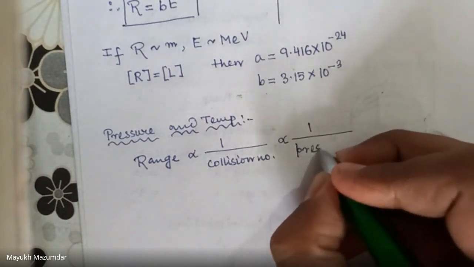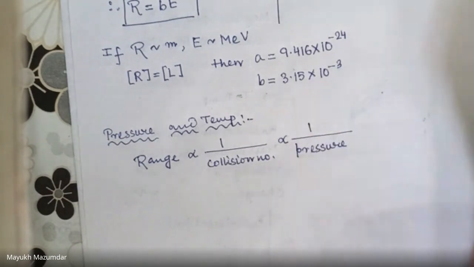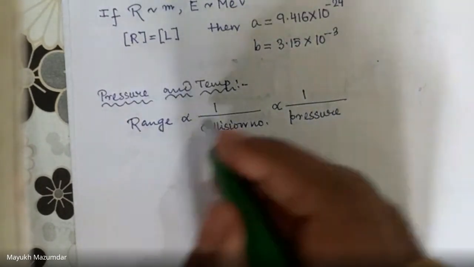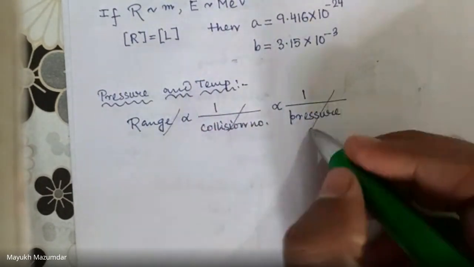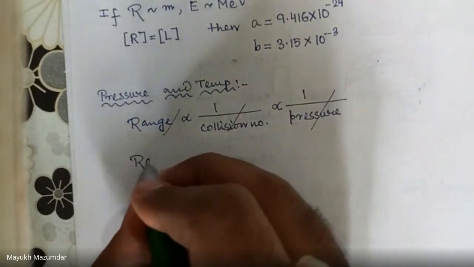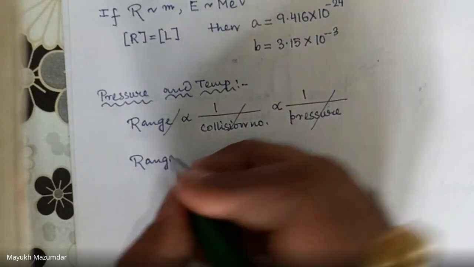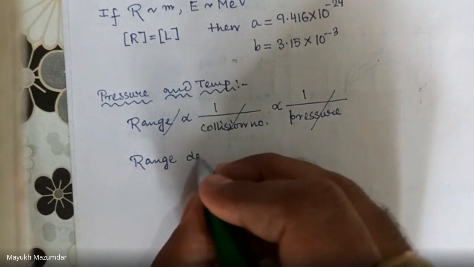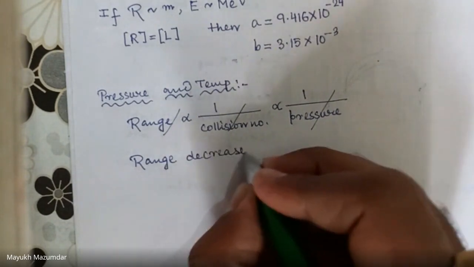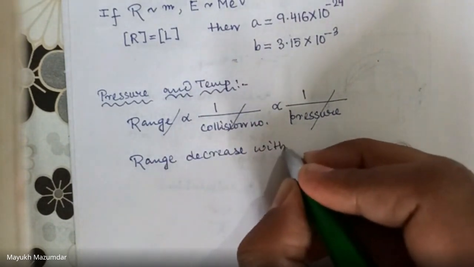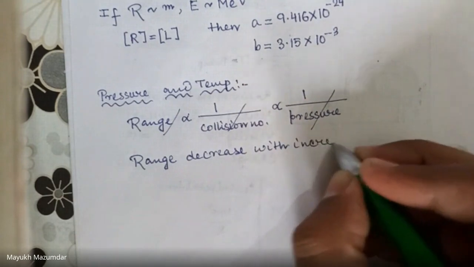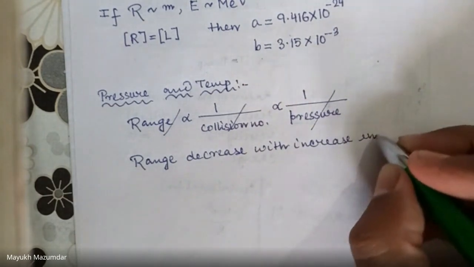The exact expression I am not aware of, so it's better not to write it like this. We don't know whether it depends on 1 by p square or p cube. So we'll say that range decreases with increase in pressure.